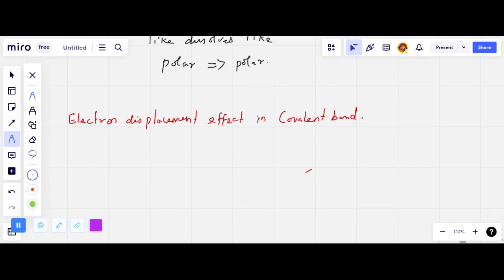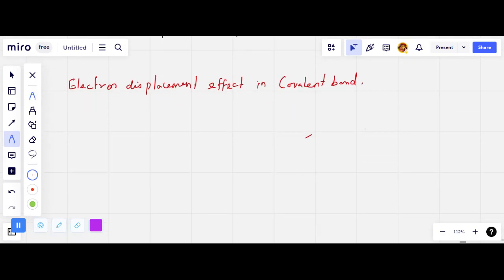Not only these two: inductive effect, resonance effect, electromeric effect, and hyperconjugation. So there are four types of electron displacement. First one is inductive effect. Second one is resonance.